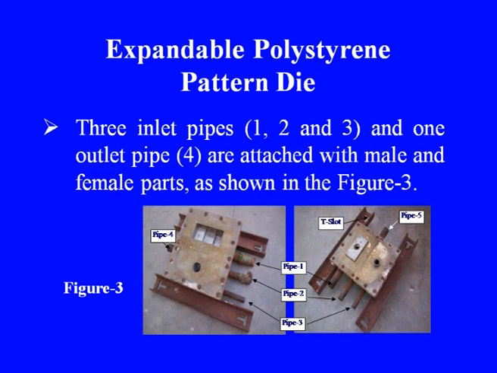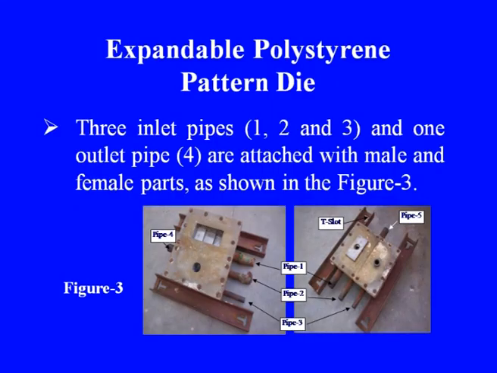The middle pipe, which is pipe number 2, was used to supply the steam into the cavity through pinholes to soften and expand the beads. Pipe 4 was used to draw water and steam from the die.